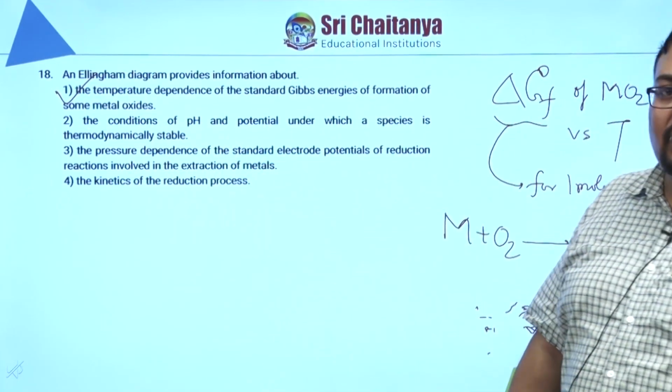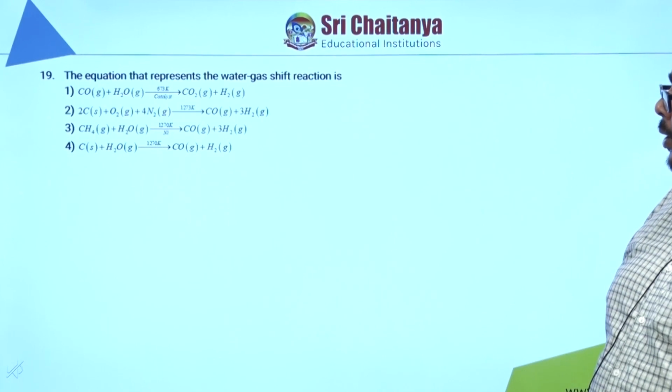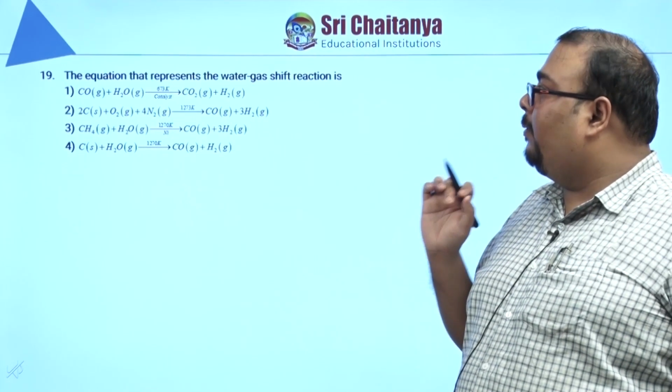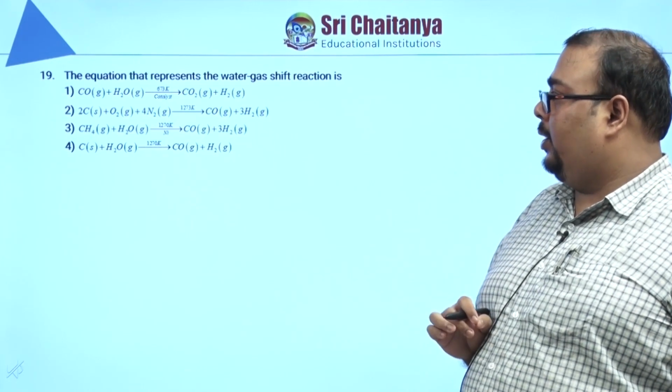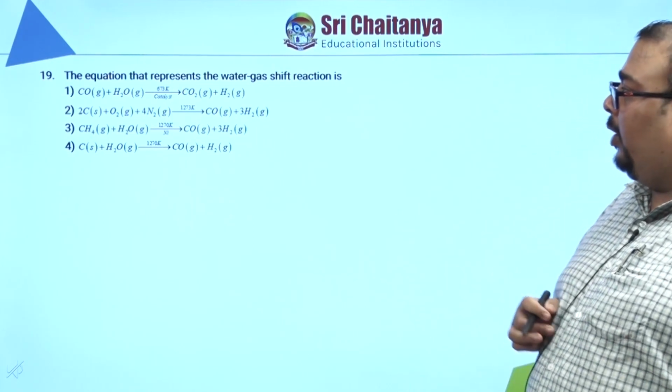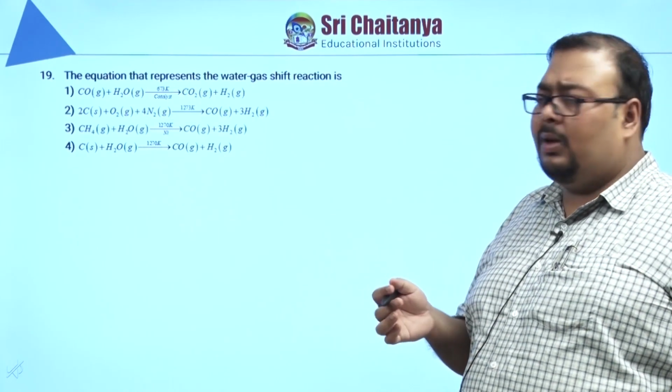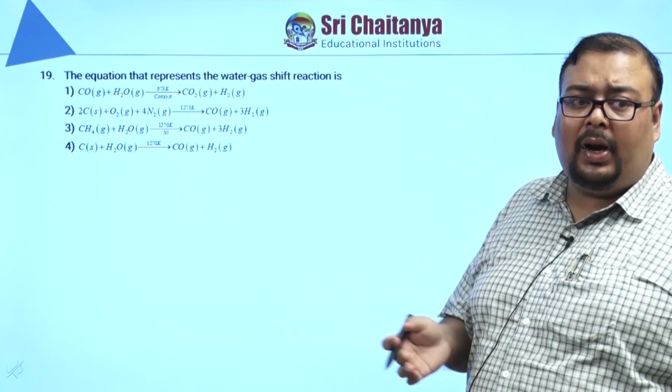So this brings us to question number 19. The question says, the equation that represents the water gas shift reaction is which of the following. Now this is a fact based question related to preparation of hydrogen gas.